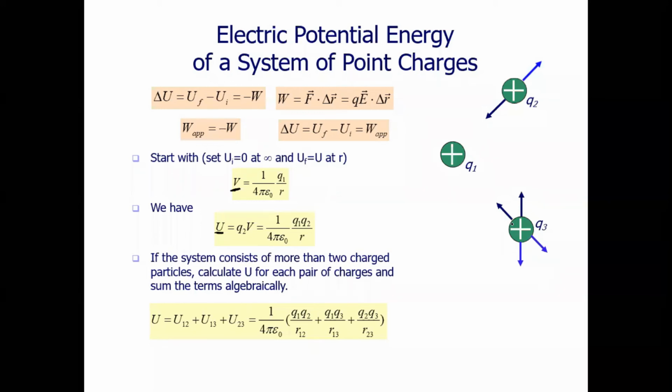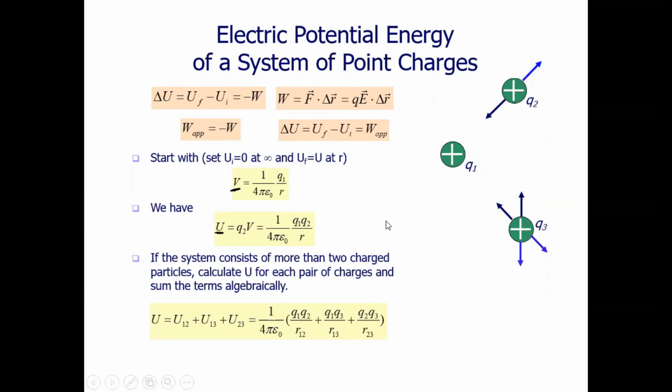Now, this work that you are doing is also stored as potential energy. So in short, since you have three charges, the total potential energy will be the potential energy due to 1 and 2, the potential energy between 1 and 2. And now as you are bringing in charge 3, you are doing work against charge 1. So you can call it the potential energy on charge 3 due to charge 1.